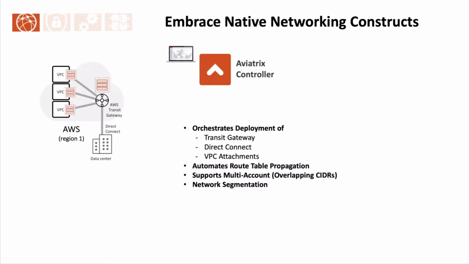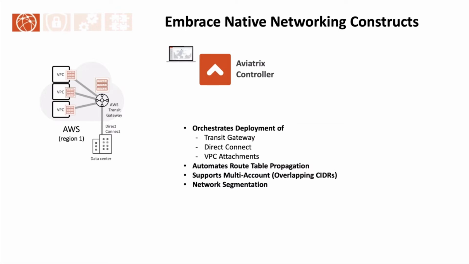The controller will orchestrate and deploy all of these native constructs for you and keep track of them. It automates the route table propagation. So in order for traffic to flow between VPCs, for instance, you need to have route tables that are specifically managed to be able to have those routes enabled. Now, this is a manual process typically, but with the Aviatrix Controller, we manage the propagation of routes. So as you add a new VPC or take a VPC away, we update all of these things.